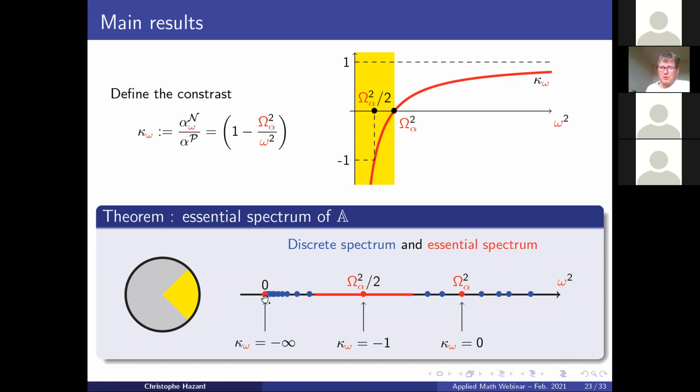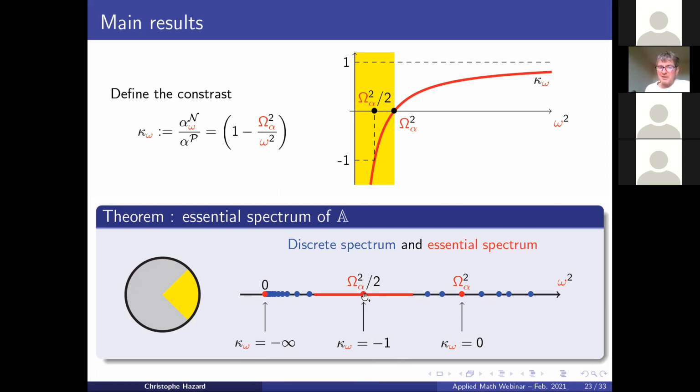You have 2 points at 0 and omega alpha, which are the bounds of the negative interval here. Here it corresponds to the contrast, which is equal to -infinity, and the plasma frequency corresponds to contrast 0. And at the middle here, we have exactly this singular value -1, this critical value -1 of the contrast.